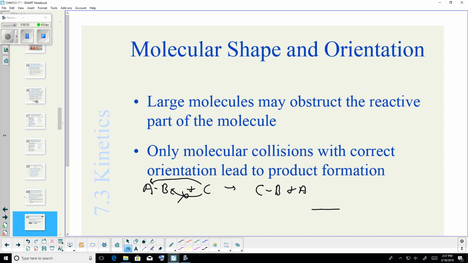Okay, if I have a molecule and I want to hit that Br with something, that's not too hard. Hit that bromine, it's just sticking out there.